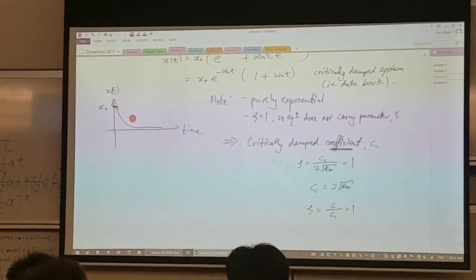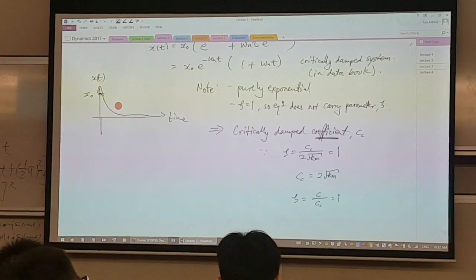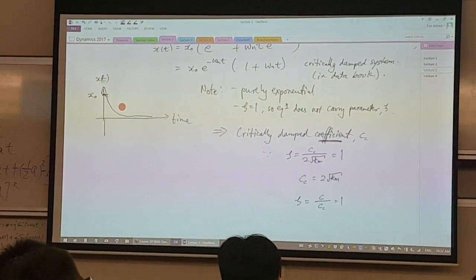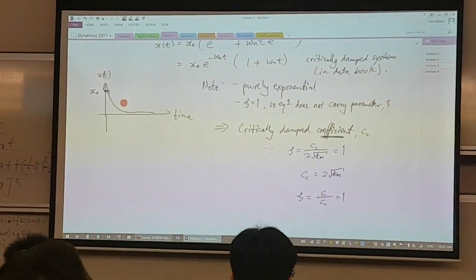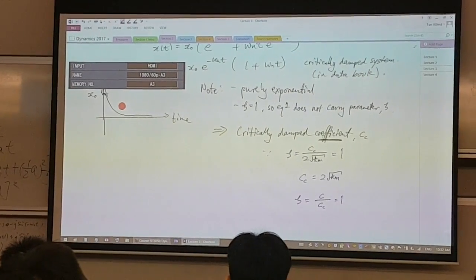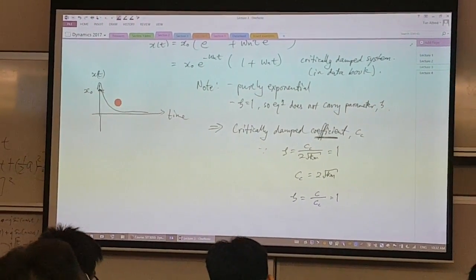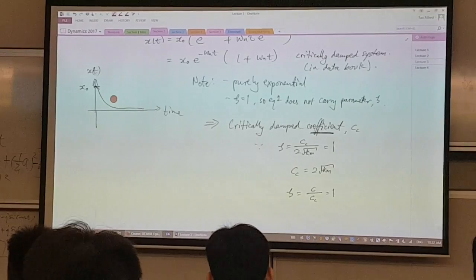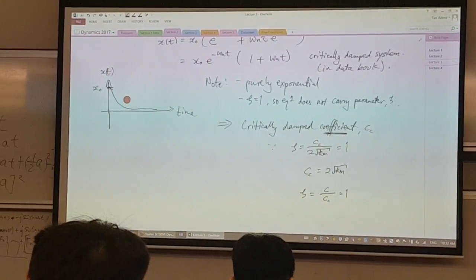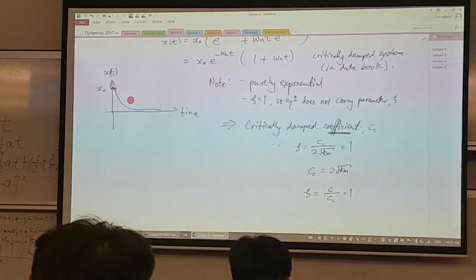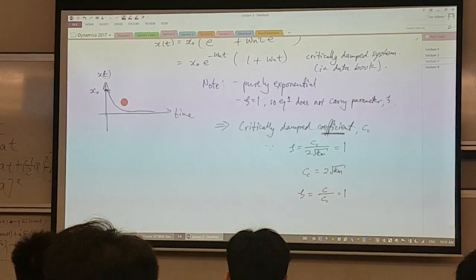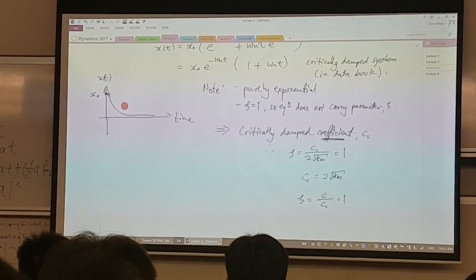So if I show you your data sheet, right over here, the second page of the data sheet.